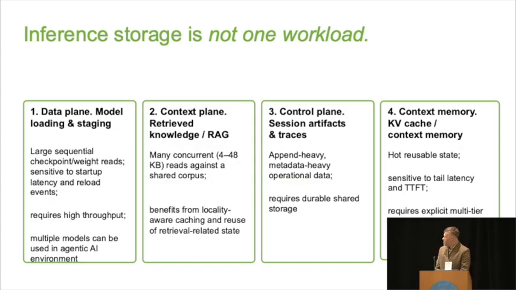Everyone now talks about key-value cache as a main workload for inference, but it's not the only workload. In modern inference environments, you can see multiple models, because modern enterprises usually use a couple of large models as orchestrators and multiple smaller models for each particular task, and you need storage to bring these model weights to the GPU accelerators.